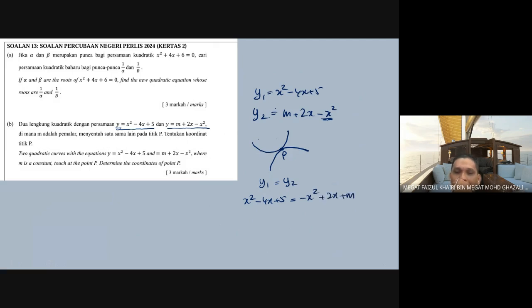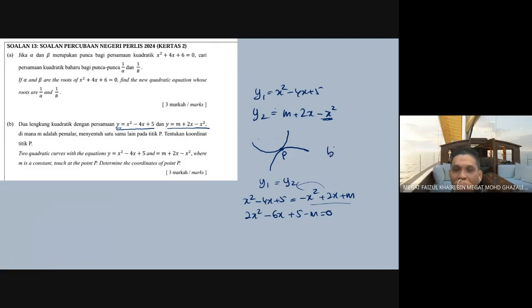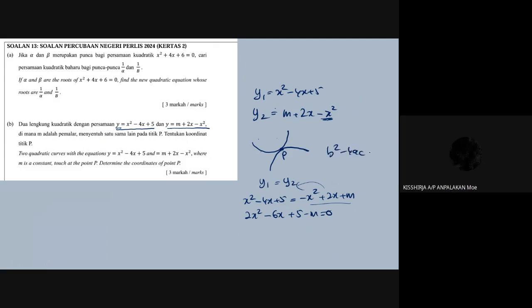Okay. If I bring all this to one side, negative x squared joins up here and becomes positive. So we got 2x squared, negative 4x minus 2x is negative 6x, plus 5 minus m, equal to 0. So it's got to do with b squared minus 4ac equal to 0.